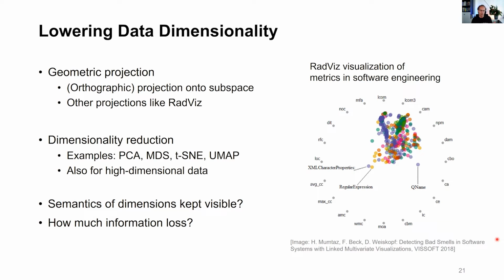But of course, a problem of all of these dimensionality reduction techniques is that they don't show the semantics of the original data dimensions anymore. In contrast, the orthographic projections onto subspaces that I mentioned earlier keep at least the axes of the subspace. But on the other hand, they have the disadvantage that they don't show the other dimensions.